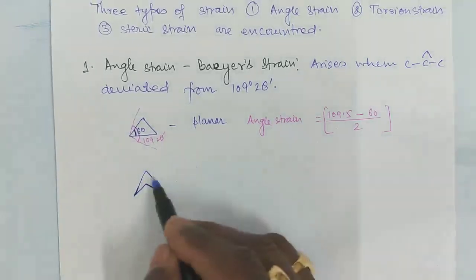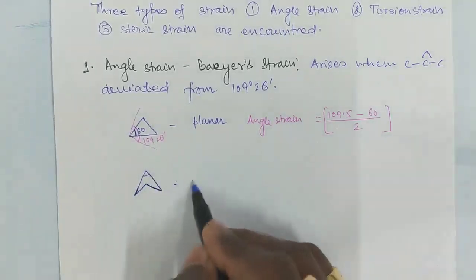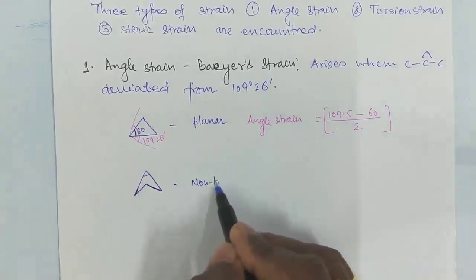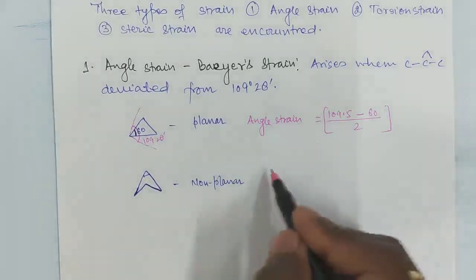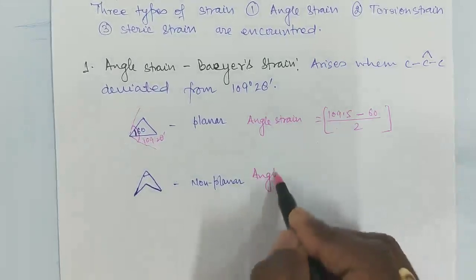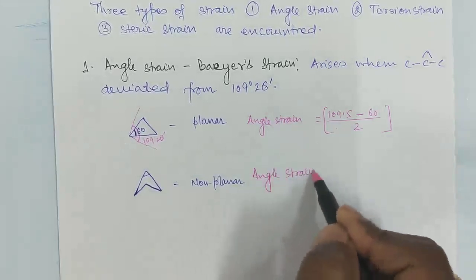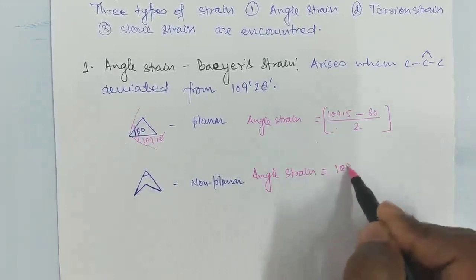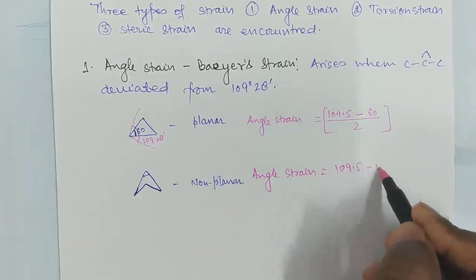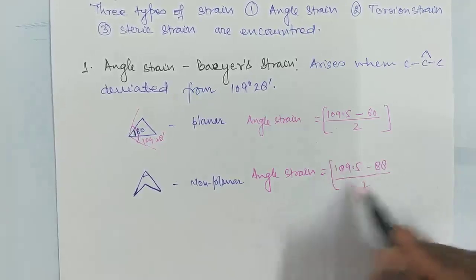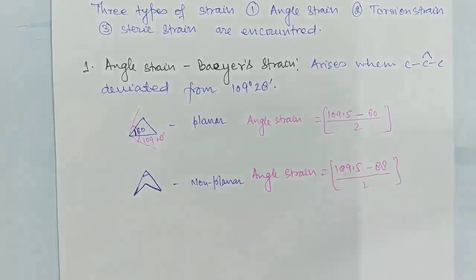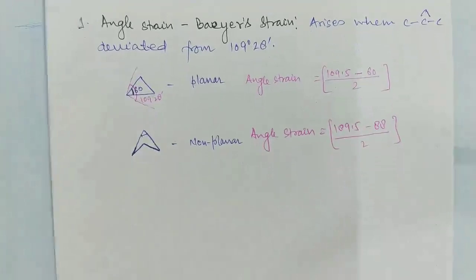So this is non-planar. The angle strain in this is 109.5 minus 88, whole divided by 2. In this way you can calculate the angle strain.